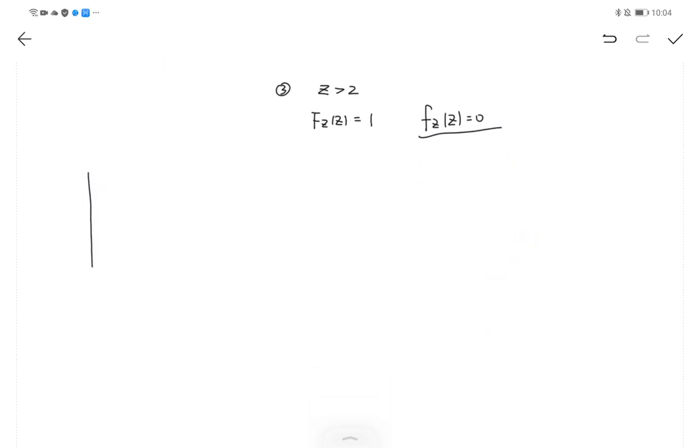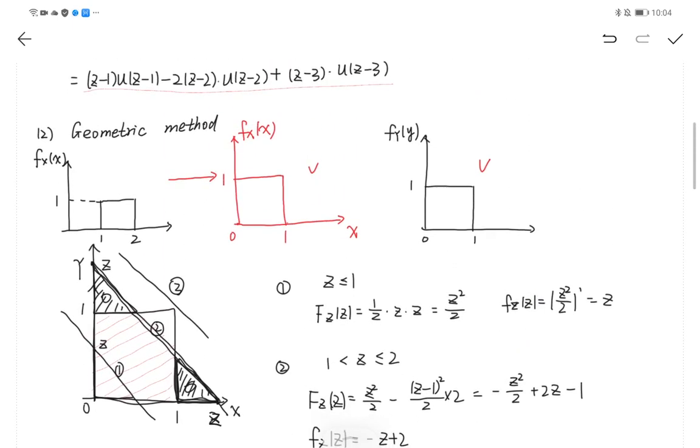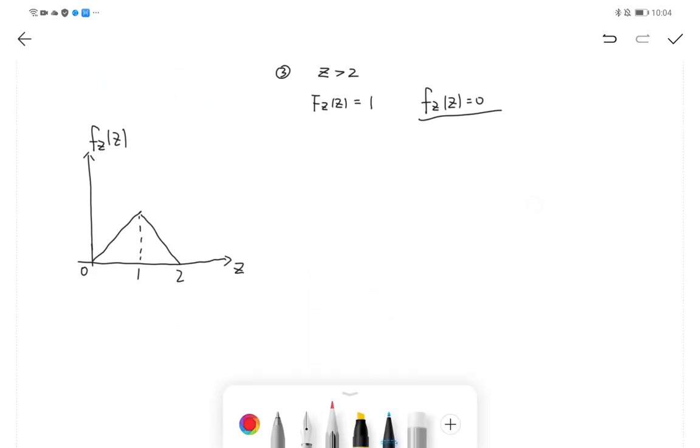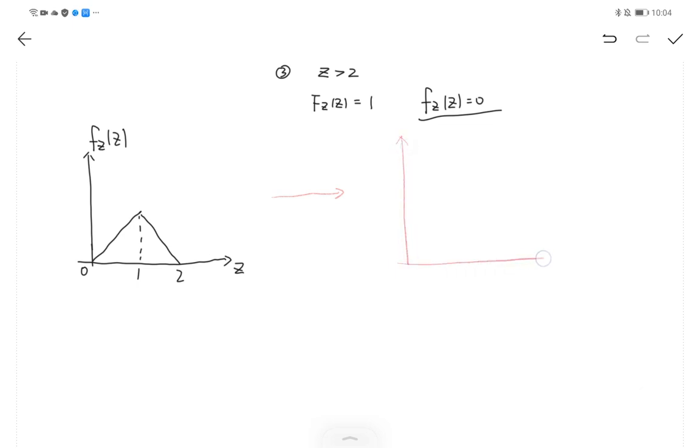It should look like this. But we shifted X to the left, so now we should return it to the right.